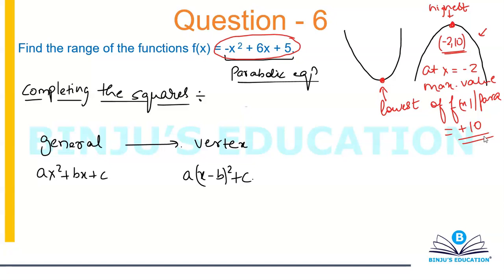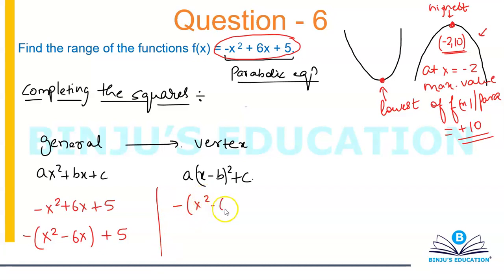So what we are going to do is convert this general form into the vertex form. Let's do that. So I have minus x square plus 6x plus 5. I'm going to take a negative common. This will become minus of x square minus 6x, and I'm going to keep 5 out. This will become minus of x square minus 6x plus 9 minus 9, plus 5.